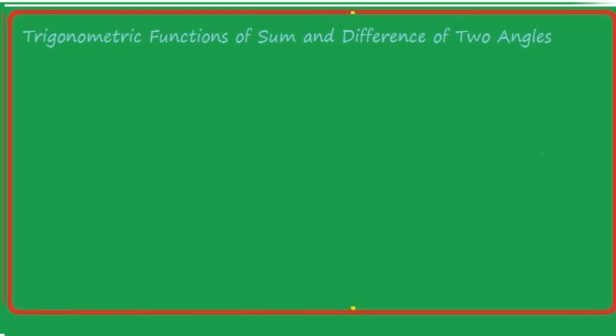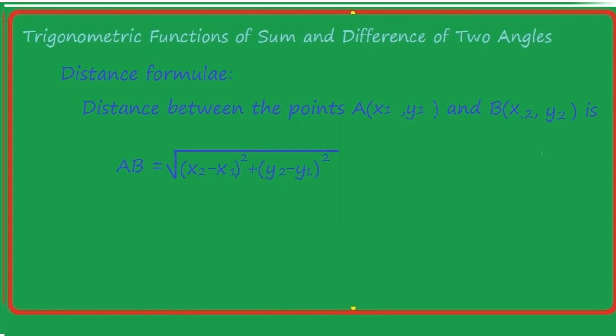One important result we use here is the distance formula. In the distance formula, we have the formula for finding the distance between any two points A (x1, y1) and B (x2, y2). The formula you already studied in previous class, that is AB is equal to square root of (x2 minus x1) whole square plus (y2 minus y1) whole square.